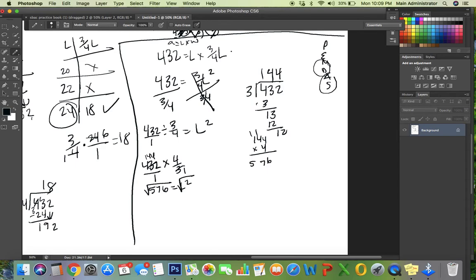To find square root, you are going to factor. Think about what two numbers multiply to get that. I'm going to try 12. 576 divided by 12. 12 times 4 is 48.